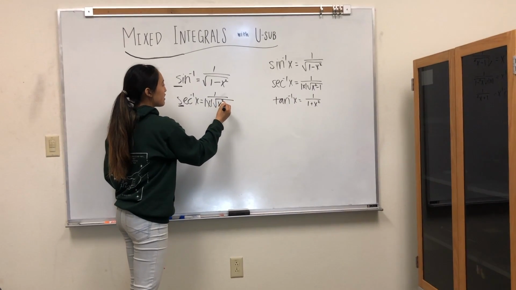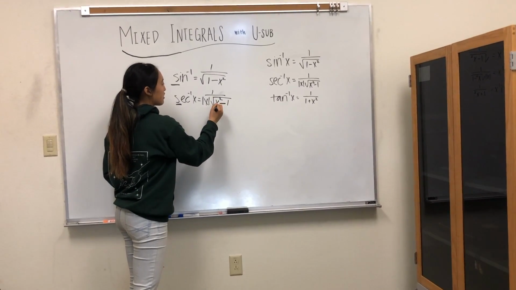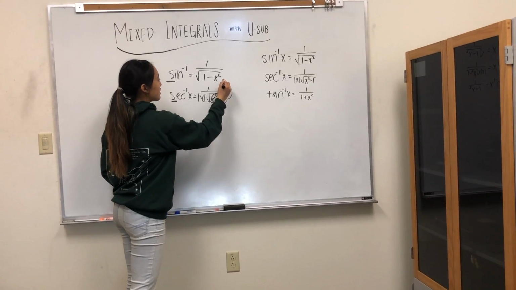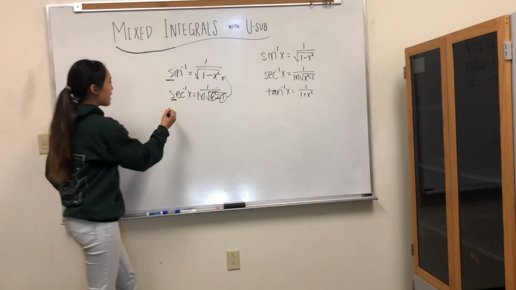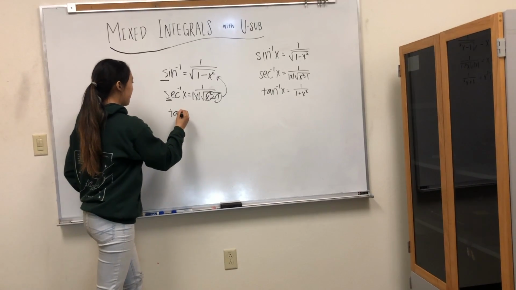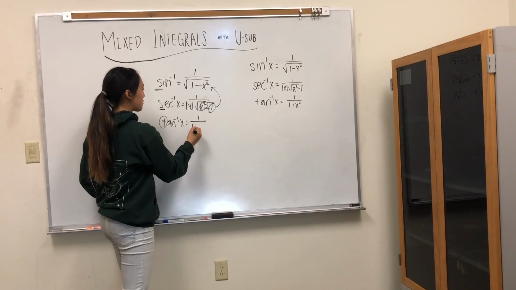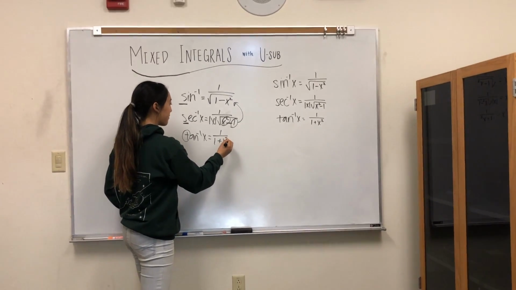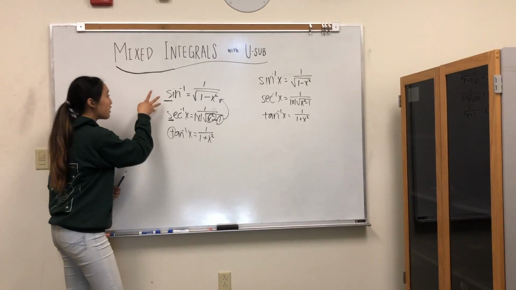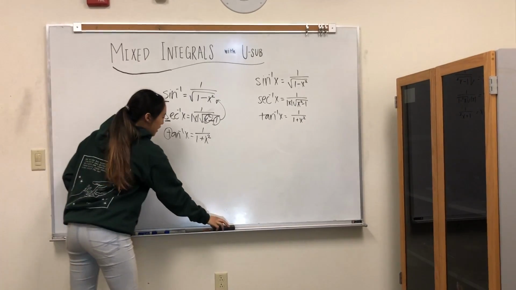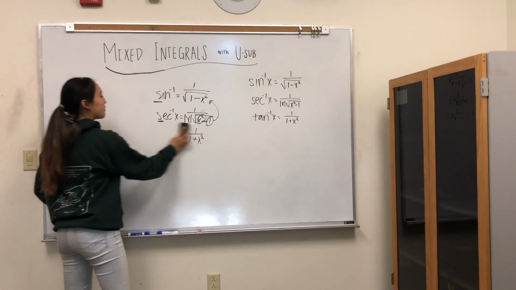You need to flip these two, and there's a subtraction. So you need to flip these compared to this one. And for the tangent, this t right here can represent this plus sign right here. So these are the three tricks that can help you remember these trig identities.